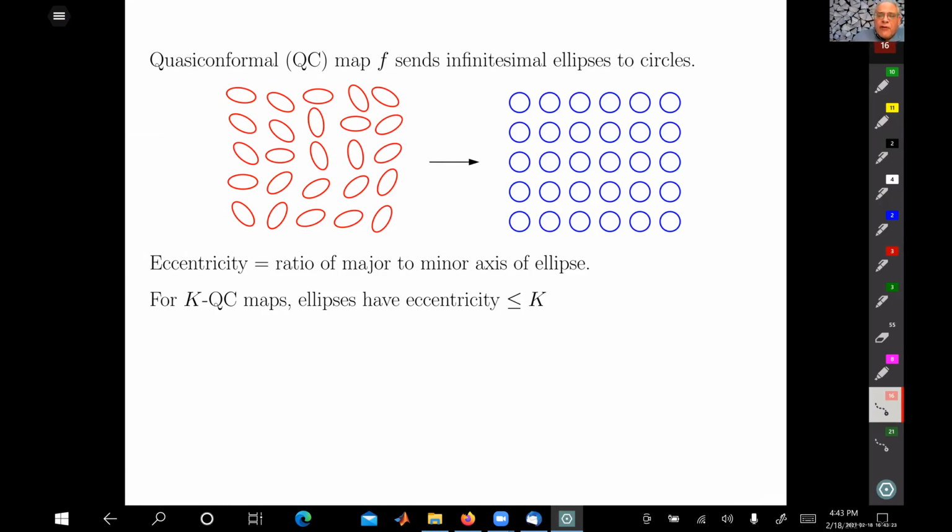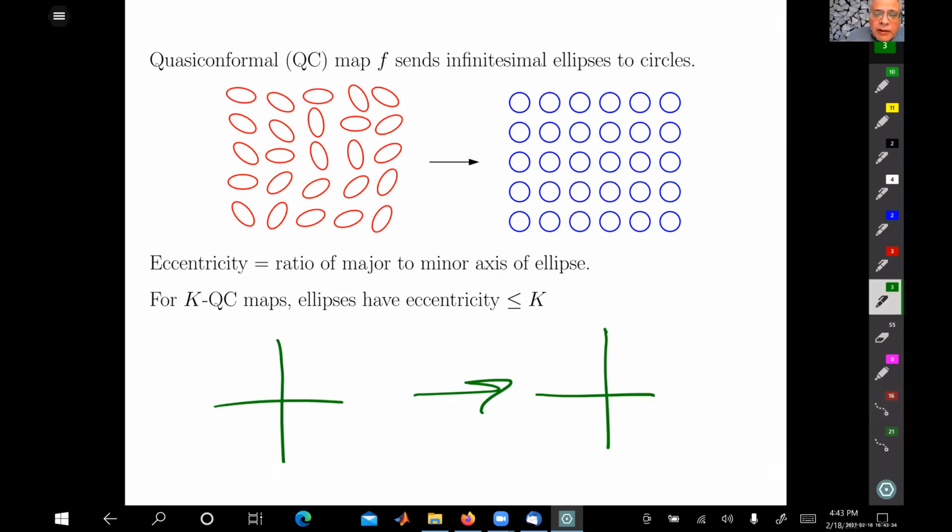So we don't have to know very much about quasi-conformal mappings, but I do want to mention that these are just a class of mappings from the plane to the plane. They're homeomorphisms, one-to-one onto mappings. They're a little bit better, a little bit worse rather than differentiable maps, diffeomorphisms. If you have a conformal map, small infinitesimal circles map to circles.